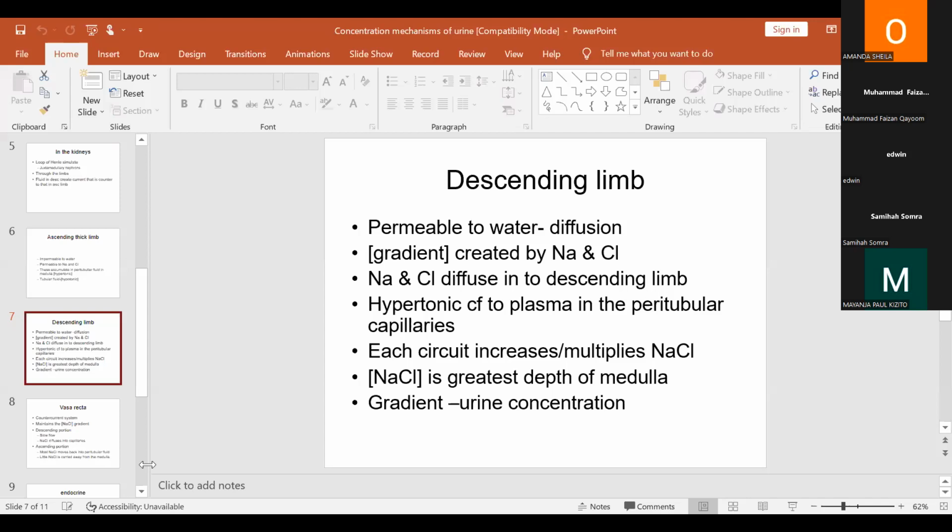So at the beginning of the loop of Henle, we have 300 milliosmoles. At the depth of the loop of Henle, where it turns to the ascending loop, the milliosmoles concentration of that filtrate within the lumen is 1,200. Very concentrated. So the descending loop, therefore, is a concentrating part of the loop.